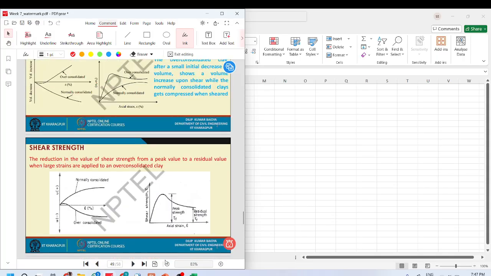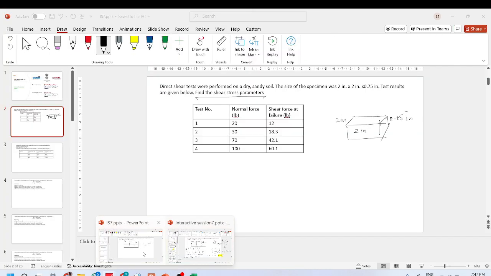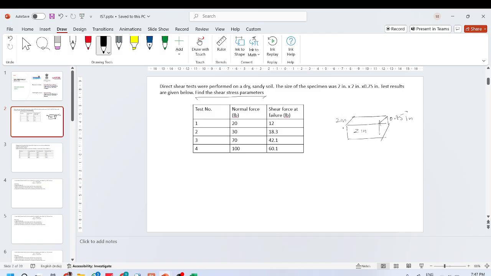Basically, what it means is in your direct shear test, as you are displacing, obviously this much displacement does not happen, it's only a few millimeters, but let me exaggerate it a bit and say that I have a displacement of this much taking place between the upper and the lower boxes.